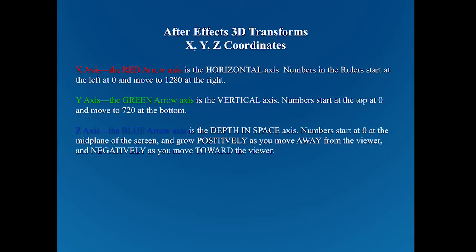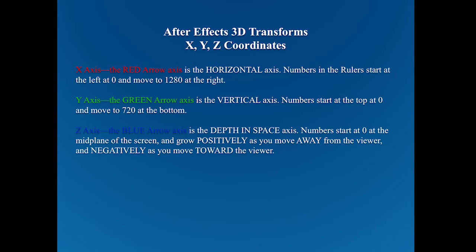After Effects 3D transforms: X, Y, and Z coordinates. The X-axis is the red arrow axis. It's the horizontal axis. Numbers on the rulers start at the left at 0 and move to 1280 on the right.